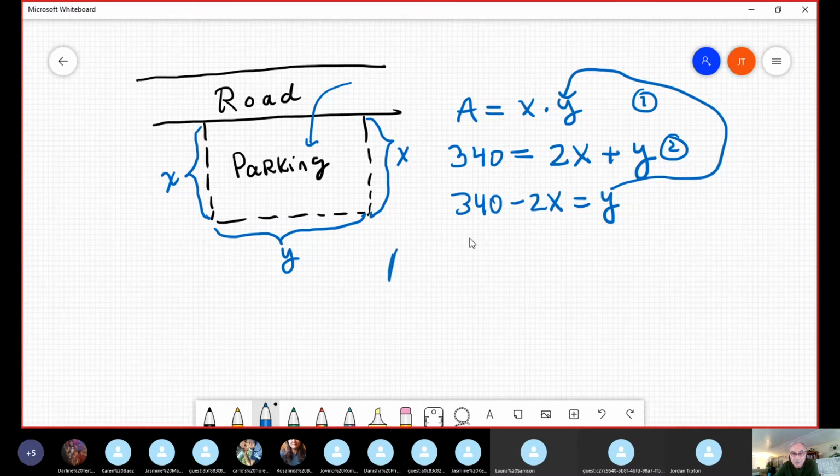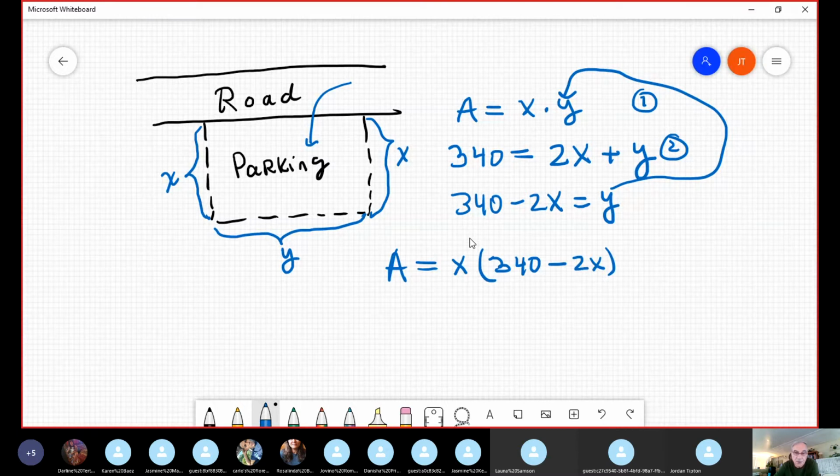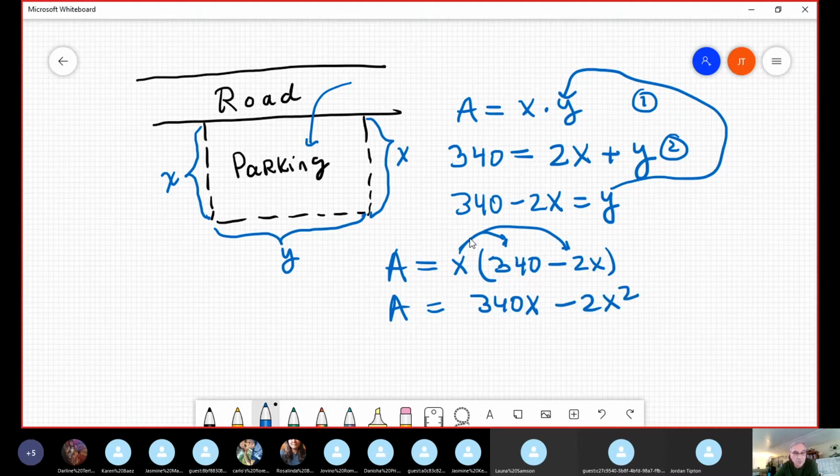So the area is equal to x times 340. Instead of y, I substitute 340 minus 2x. Now you apply the distributive property. Therefore, area is equal to 340x minus 2x squared. Boom. This is my equation.